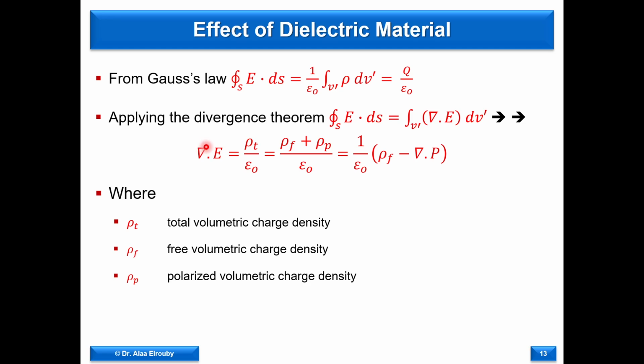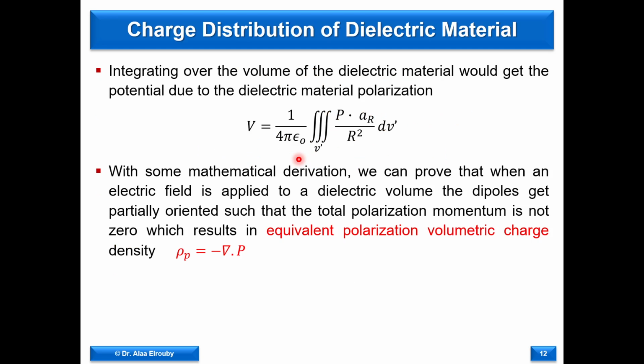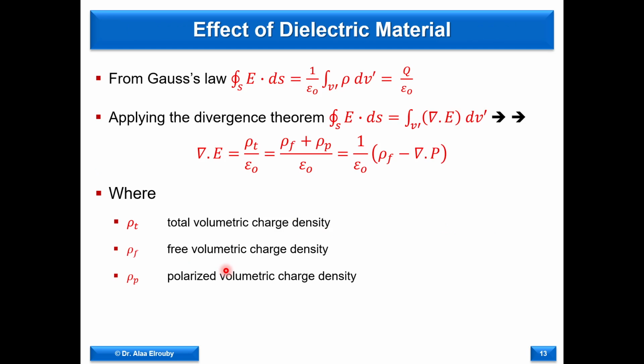So if we apply the divergence theorem, the divergence of the electric field will equal rho free over epsilon naught plus rho p over epsilon naught. We just proved here rho p equals minus the divergence of the polarization vector.